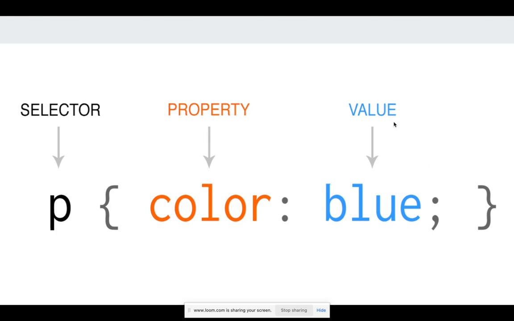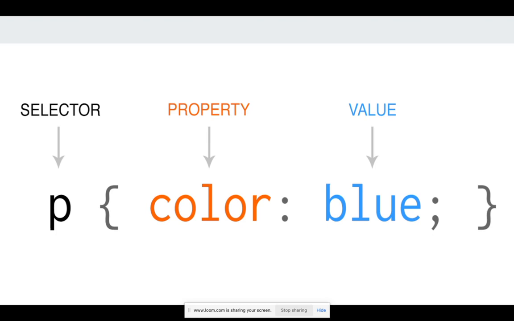So value is the value you want to attach. For font, you have to give it a size in pixels, maybe 10 pixels, 12 pixels, 20 pixels. If it's padding, it's also in pixels. If you want to change the display, there are different ways to display your stuff. For position, there are different values you can add to a position property.